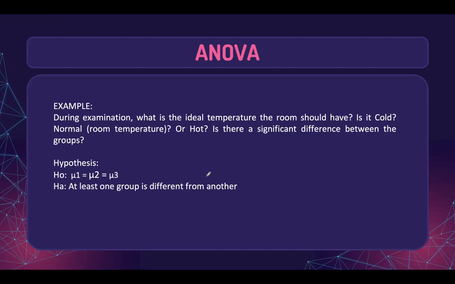So, palagi class, we have to create a hypothesis. In a hypothesis, meron tayong alternative hypothesis claiming na at least one group is different from the other groups. The null hypothesis claims that all groups are equal, or walang significant difference among the three groups.